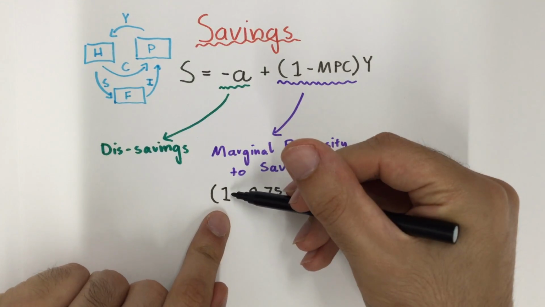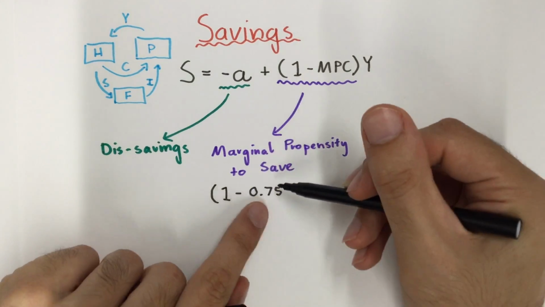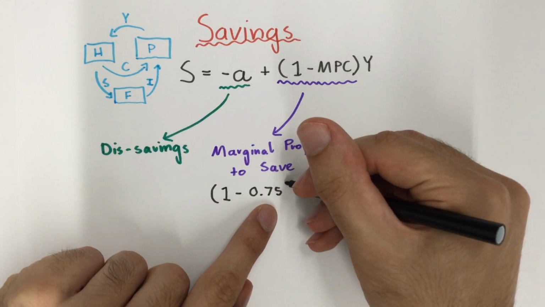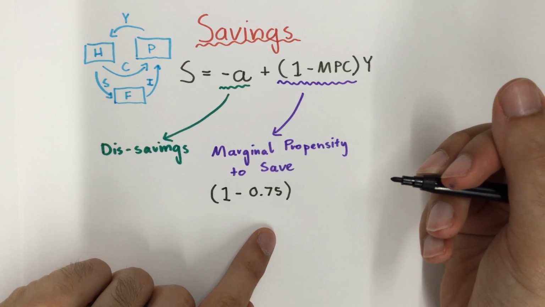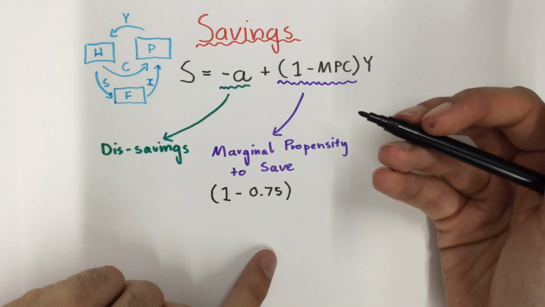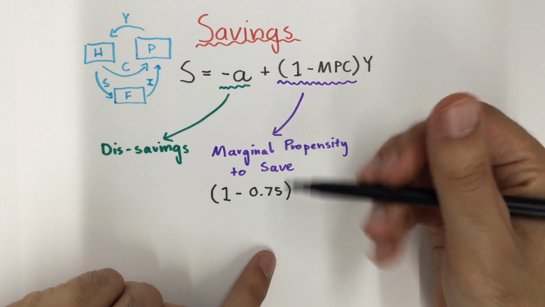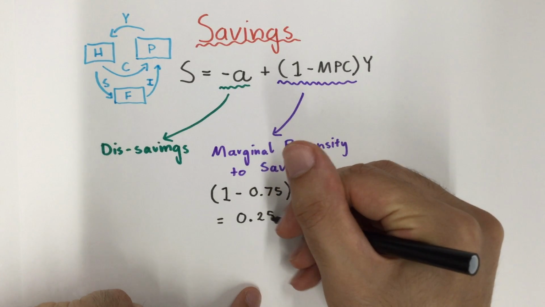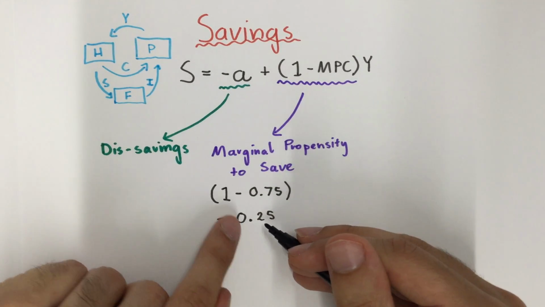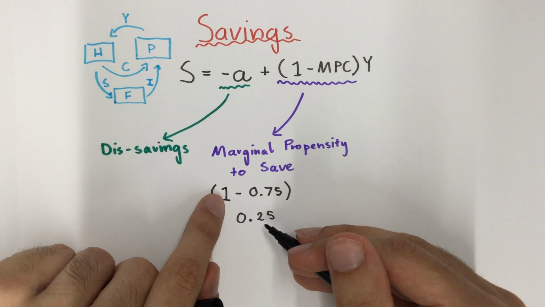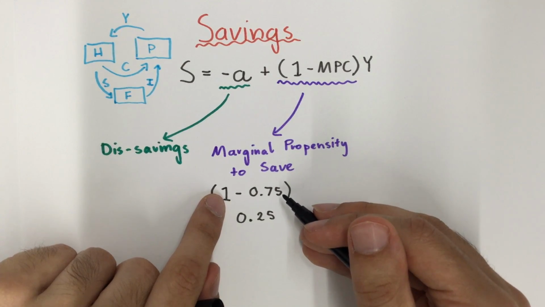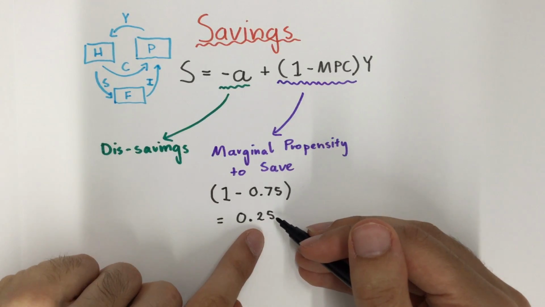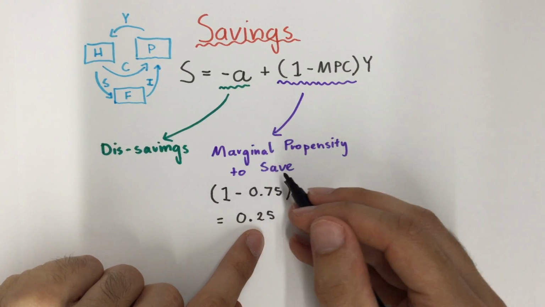So for every additional $1 we earned, we change or increase our spending by 75 cents. What this means is the leftover, which is not spent, will equal 0.25. And what that means is for every additional $1 we earn, 75 cents is consumed and 25 cents of that additional dollar is saved. And that's our marginal propensity to save.